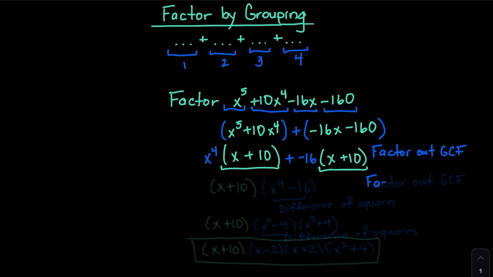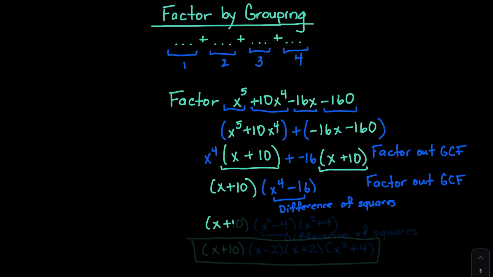So factor out the GCF. We're going to factor the x plus 10 out. And then I'm left with x to the 4th minus 16. Again, x to the 4th minus 16 is a difference of squares. Check out that video if you haven't. So it will factor into x squared minus 4 times x squared plus 4.